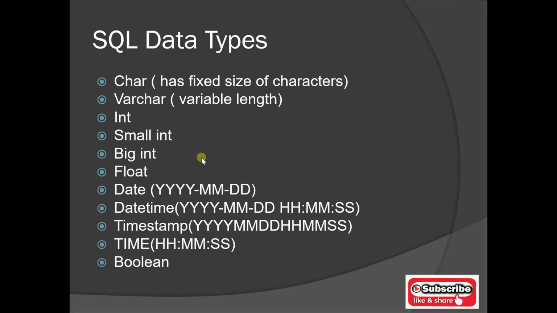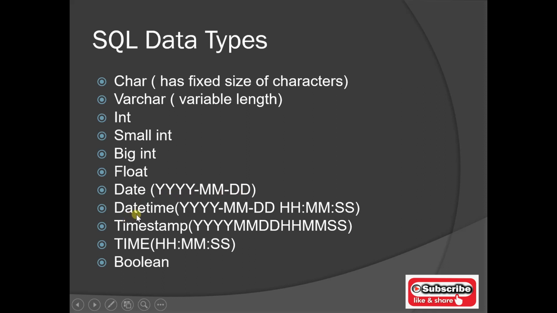Then the next thing is data type. Various data types are there. Char, that is nothing but which has a fixed size of characters. Varchar, variable length. Then int, integer, small integer, big integer. We have float, date data type. We can give on a particular attribute, date data type, which has format year, month, date.